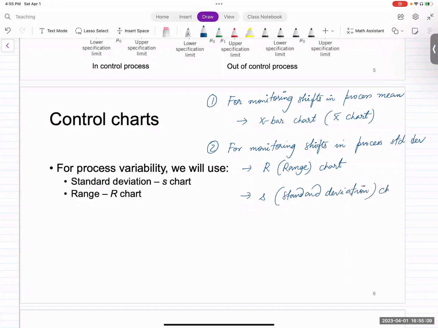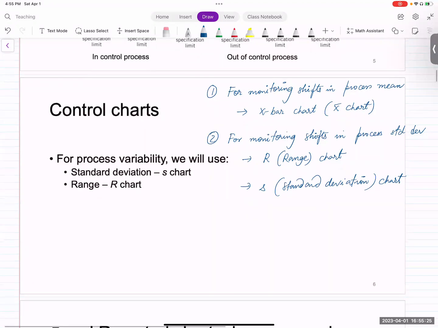So whenever you see these control charts, you'll see these two control charts side by side together. Either it will be an X bar chart and R chart, or an X bar chart and an S chart. Right, so let's get started with an X bar and R chart.